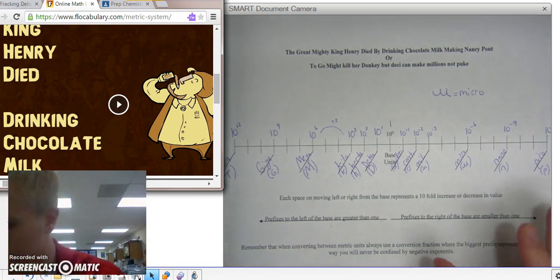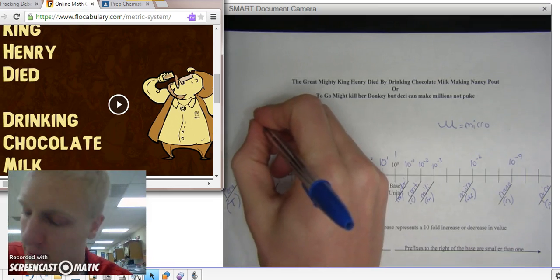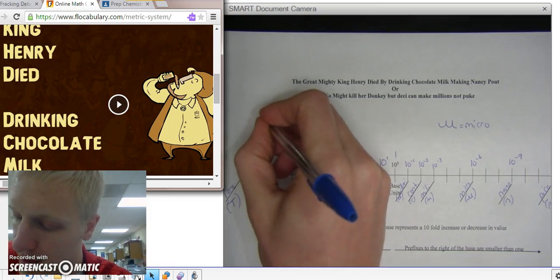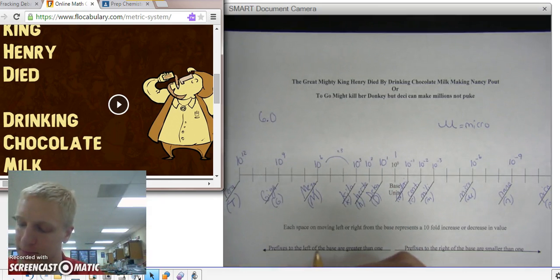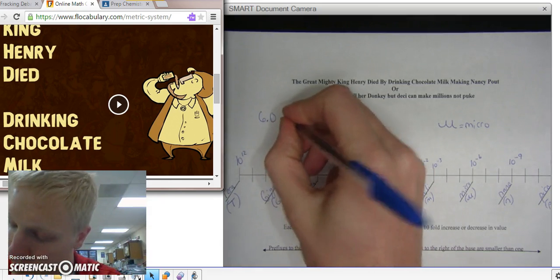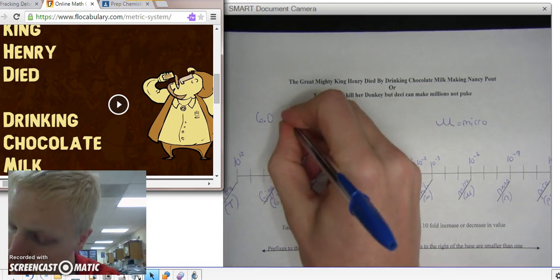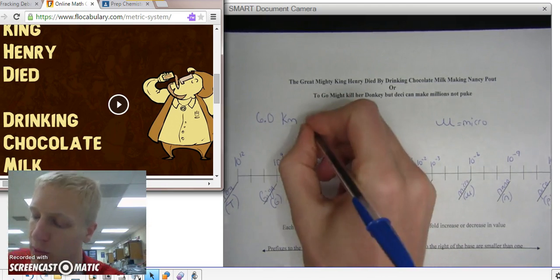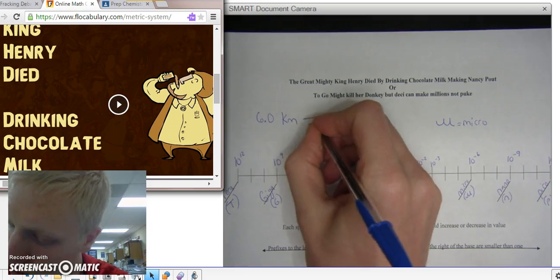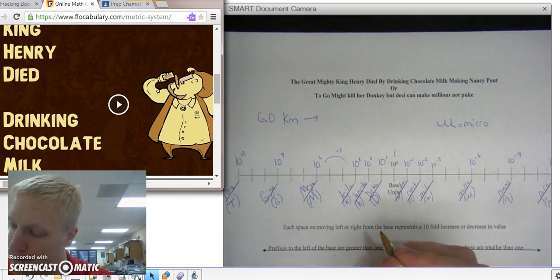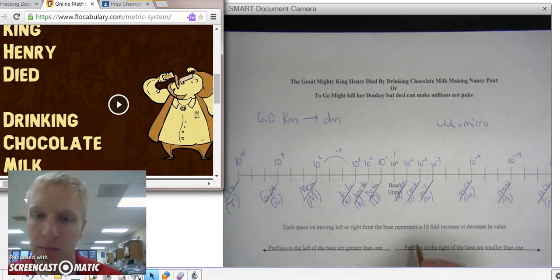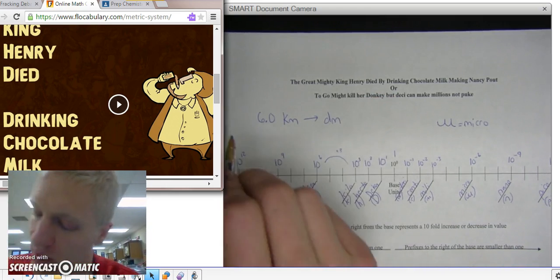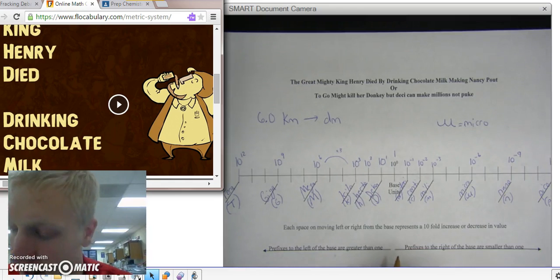Alright, coming back. Let's say we have 6.0 kilometers, and we want to convert this to decimeters. Alright, so 6 kilometers to decimeters.